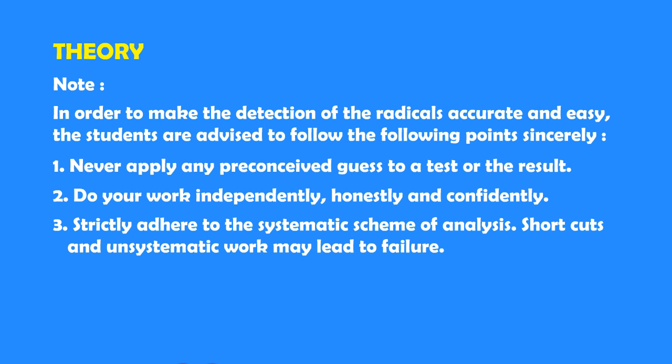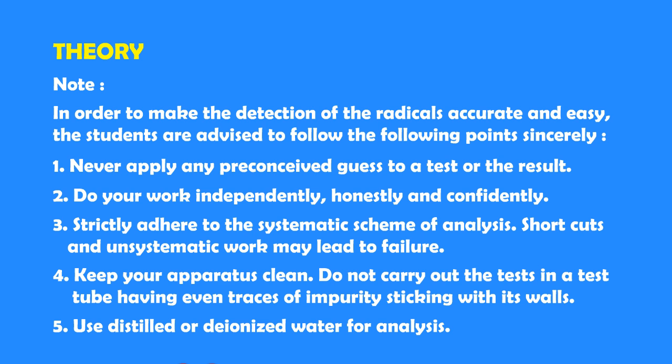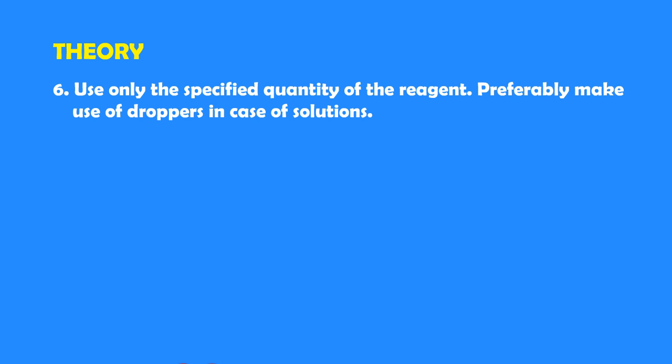Shortcuts and unsystematic work may lead to failure. Keep your apparatus clean. Do not carry out the test in a test tube having even traces of impurities sticking to its walls. Use distilled or deionized water for analysis. Use only the specified quantity of the reagent. Preferably, make use of droppers in case of solutions.